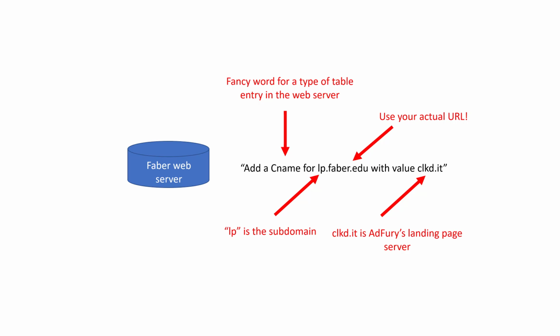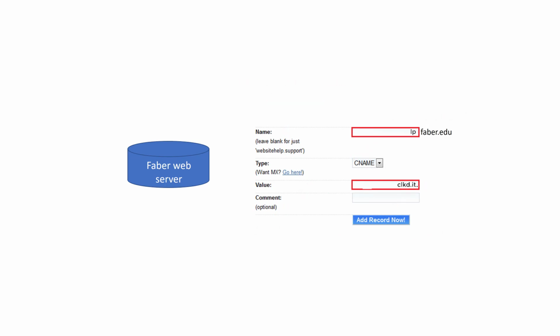And just to show you what happens behind the scenes, if you ask somebody to do this, or if you want to do it yourself, the web server has a little form that you fill out. It's literally go to a browser and you click on it, just like any other online form. And you would enter the LP into one field in the form, and you would choose CNAME from a little drop down, and you would enter the value of AdFury's web server right here, and then you'd click Add Record.